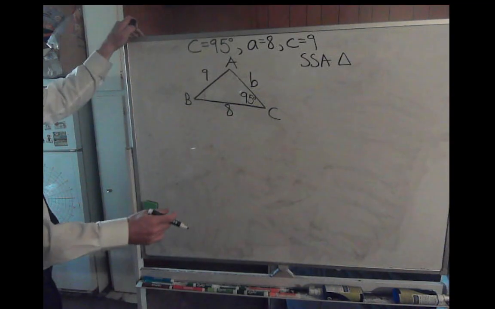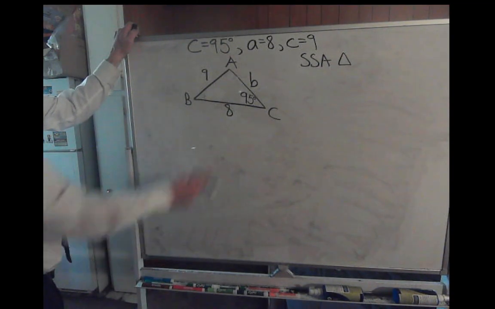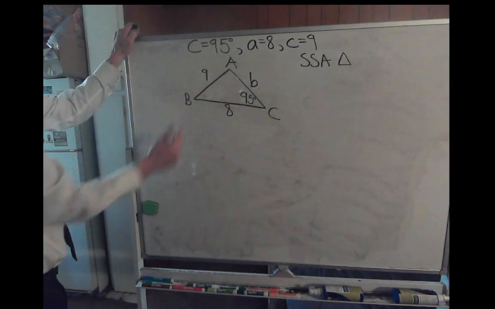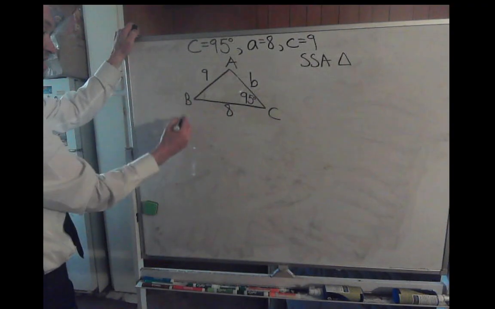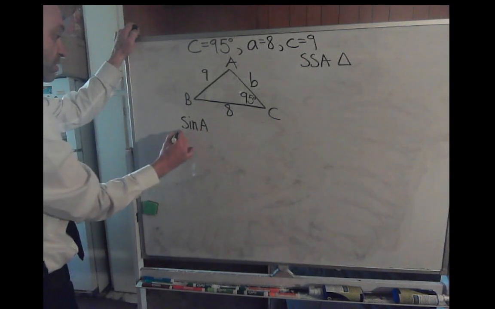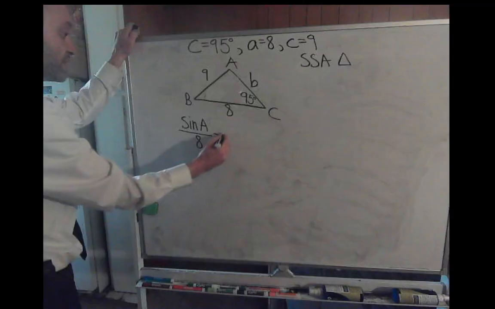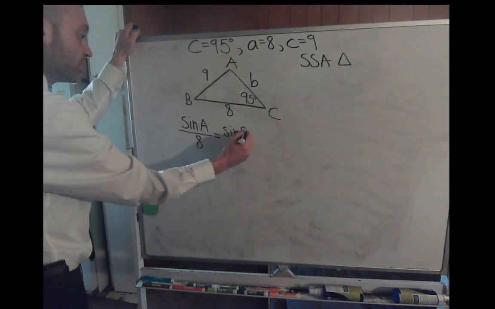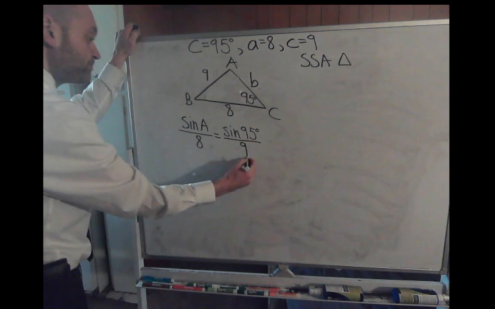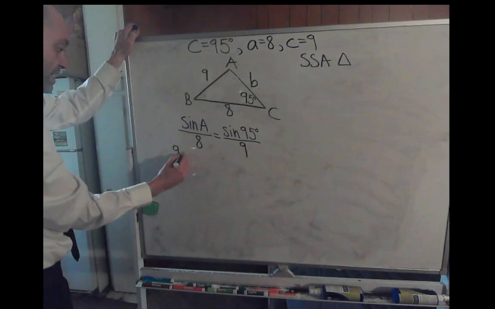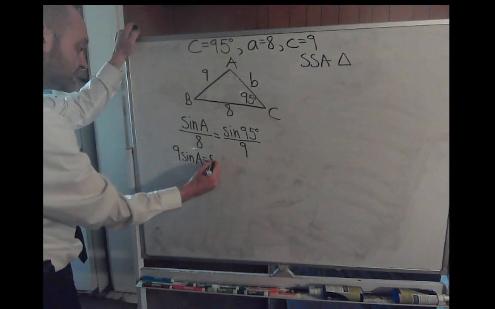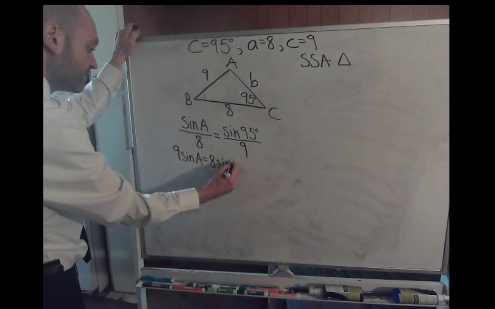So let's see. We know both angle C and side C. We only know side A, but we don't know angle A. So let's try to solve for angle A. So the sine of A all over 8 is going to equal that sine of 95 degrees all over 9, which means 9 times the sine of A is going to equal 8 times the sine of 95 degrees.